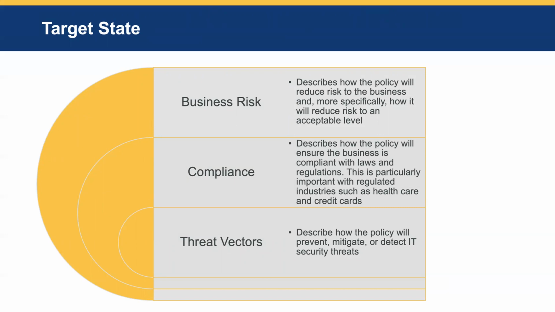So this is going to be particularly important as it relates to verticals in healthcare as well as in finance, such as payment processing. And threat vectors are going to be used to describe how the policy will prevent, mitigate, and detect IT security threats. So these are all various factors that can affect the cybersecurity intelligence efforts within the organization.